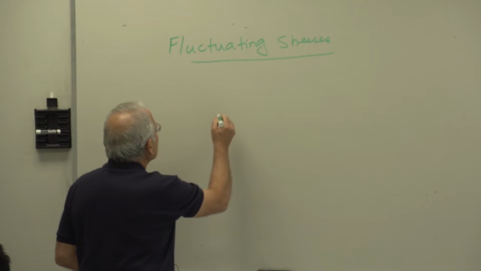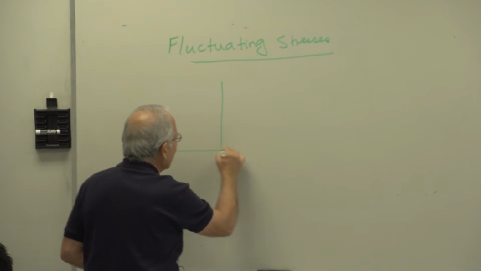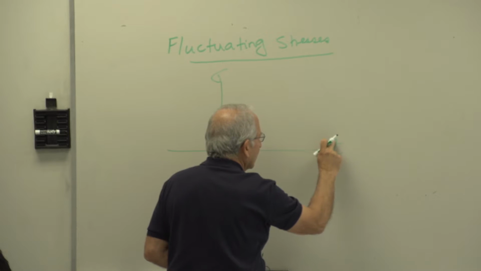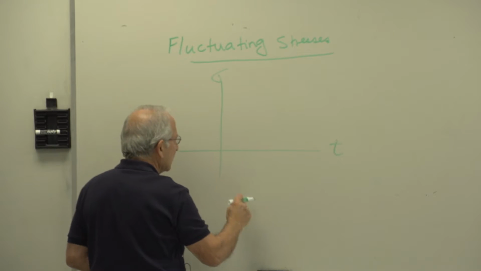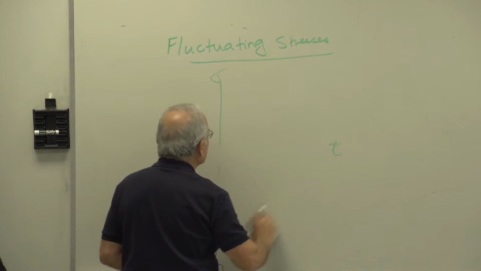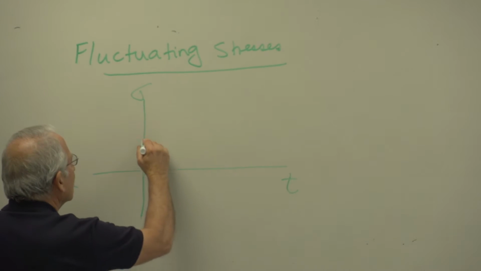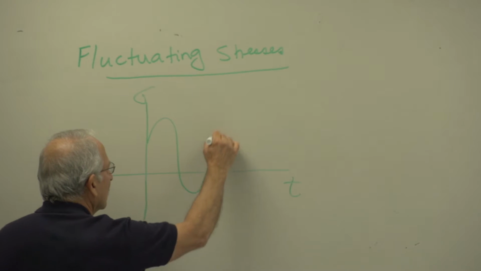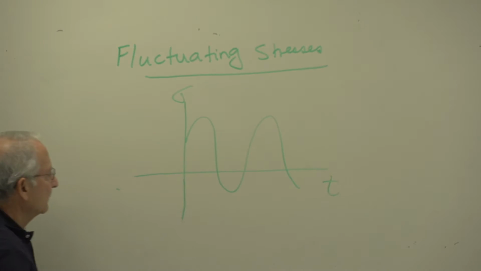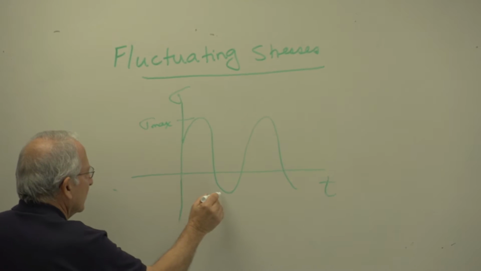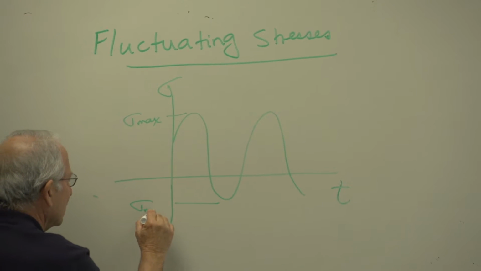So let me draw something here similar to what you have on the board. Stress versus time. Something like that. This is the maximum stress. That's the minimum stress.